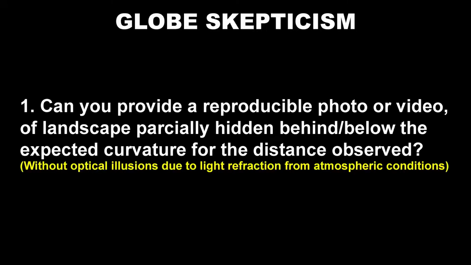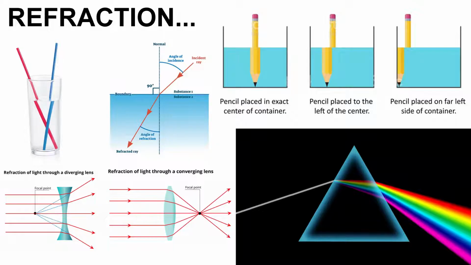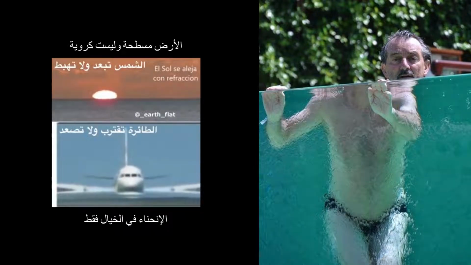Okay, so my first request is, can you provide a reproducible photo or video of landscape partially hidden below the expected curvature for the distance being observed? Because we see many examples of optical illusions due to refraction from atmospheric conditions.